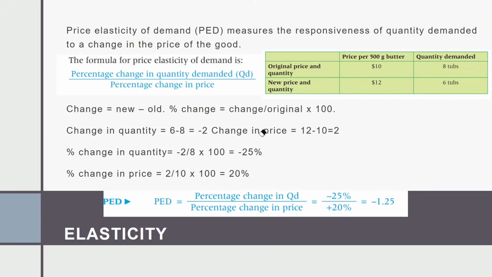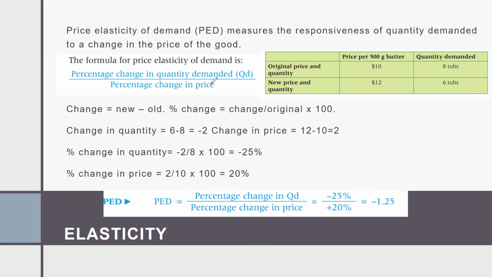To calculate my price elasticity of demand, I have to use this formula: percentage change in demand divided by my percentage change in price. Sometimes the question will give you both percentages, so you just use this formula. Other times, you will have to calculate them.